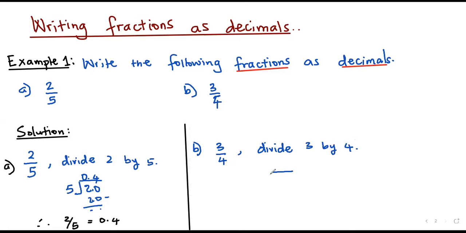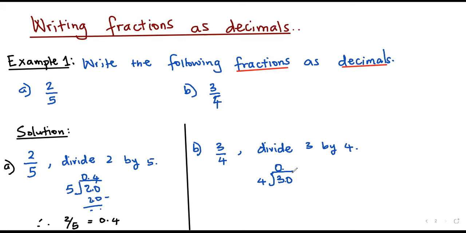So let us have 3 divided by 4. Can we get 3 divided by 4? Yes or no? Because you know that 3 is smaller than 4, so we just have a 0 because it is impossible. And 0 times 4, you will get 0. Okay, so let's assume that this is 0 and you get 30 divided by 4.